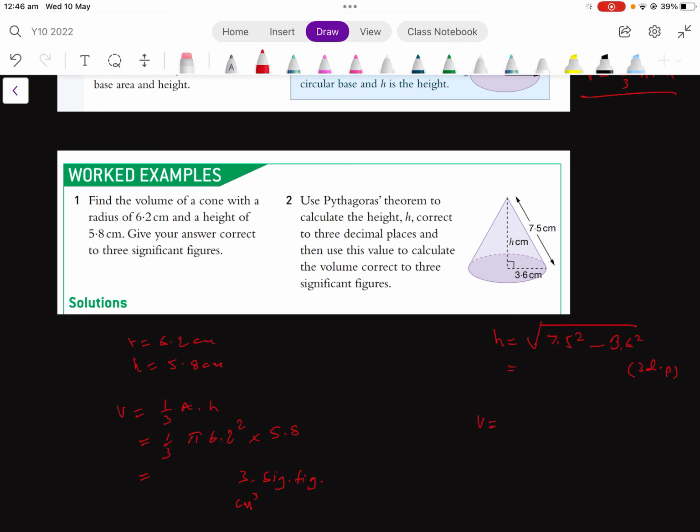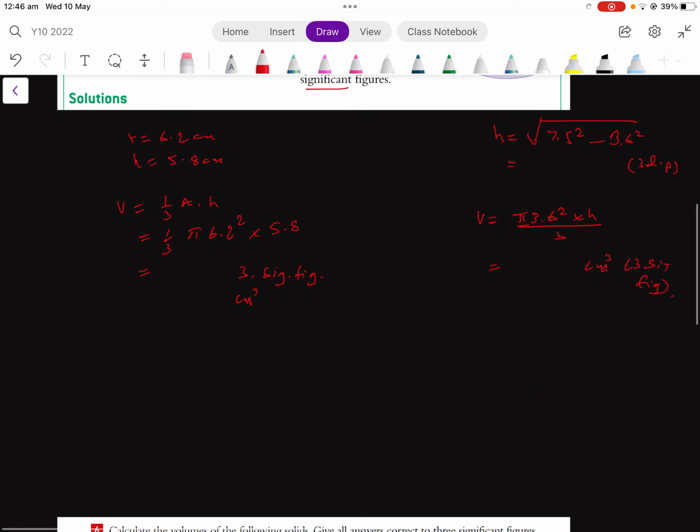So volume is equal to pi 3.6 squared, the whole thing divided by 3 into h with 3 decimal places from above, and make sure it is 3 significant figures. So answer should be centimeter cube, 3 significant figures. Okay, so that's the example.